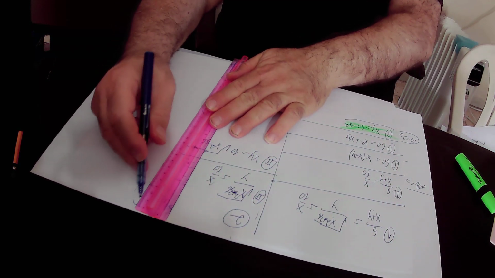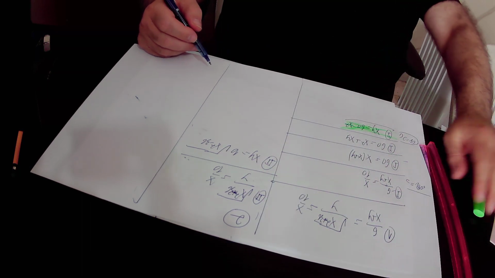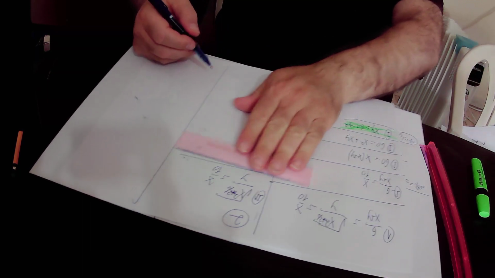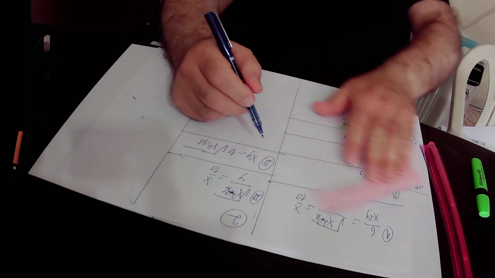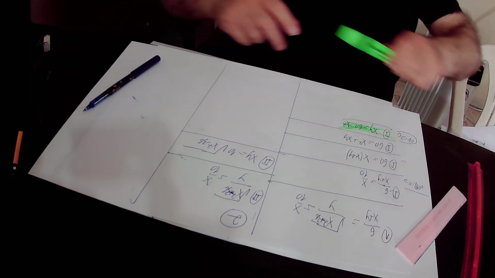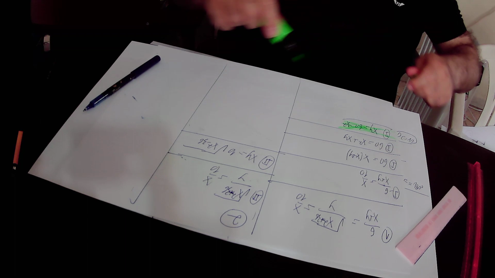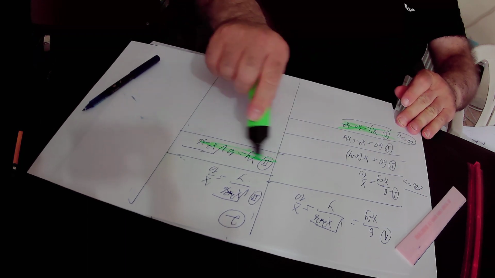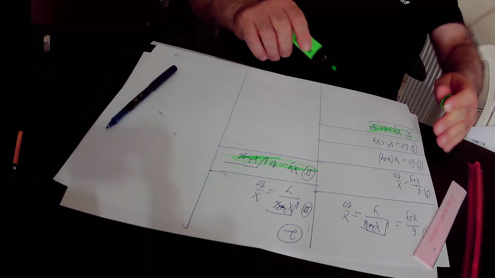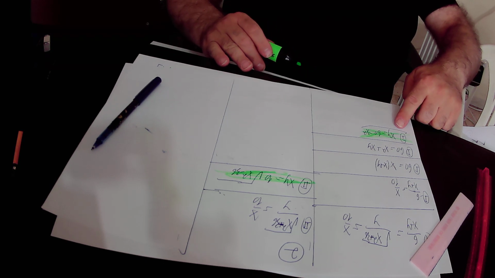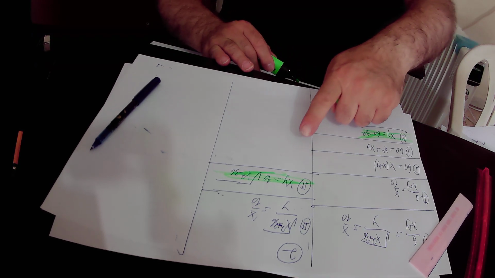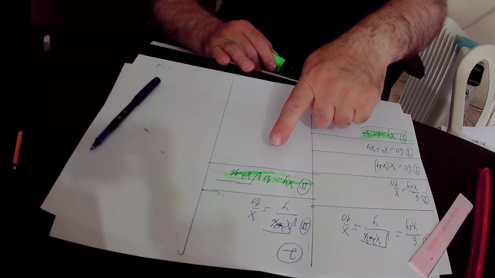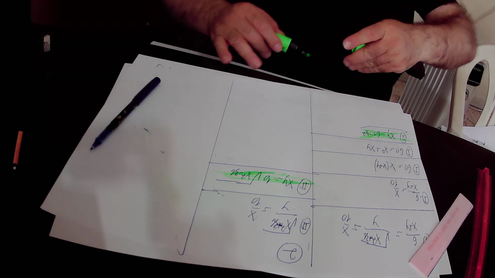So here we have two different expressions for XY: XY equals 60 minus X squared according to equation number 1, and XY equals 10 times the square root of X squared minus 36 according to equation number 2.